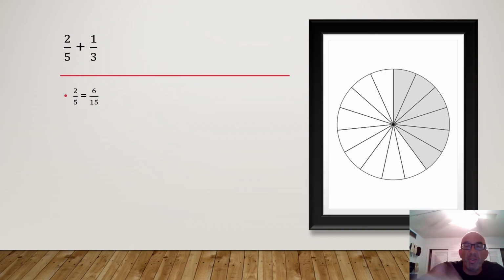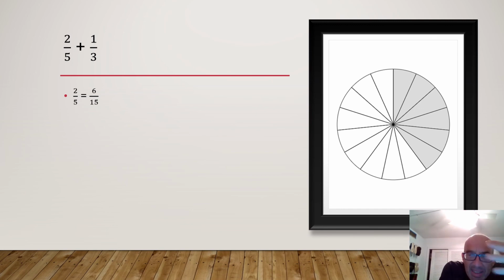Okay, now we've done the whole problem. We got the answer. We can go back and worry about their questions. 2/5 we found was equal to 6/15. That's the first fraction. That's what they wanted to know. Is the model correct for that? So let's take a look at our model.